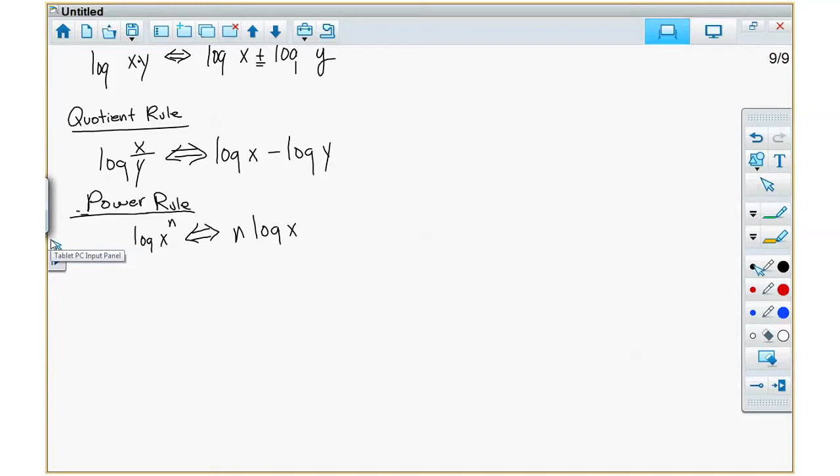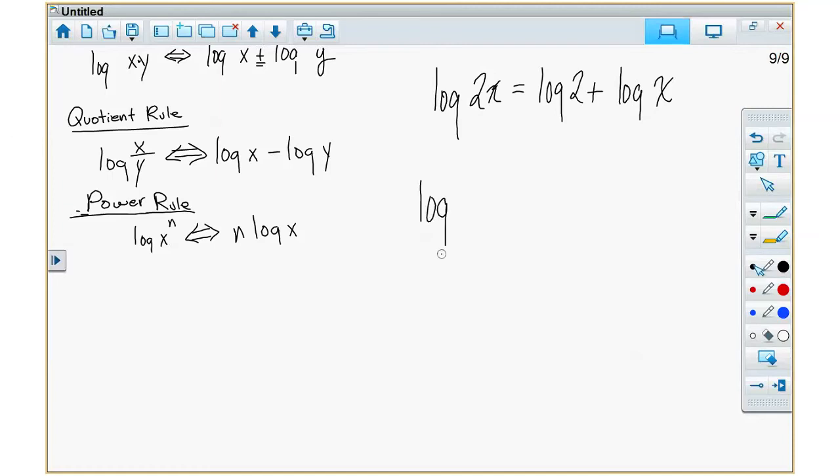So, if I give you log of 2x, you can rewrite that as log of 2 plus the log of what? X. Log of x over y. Let's do x over 2.